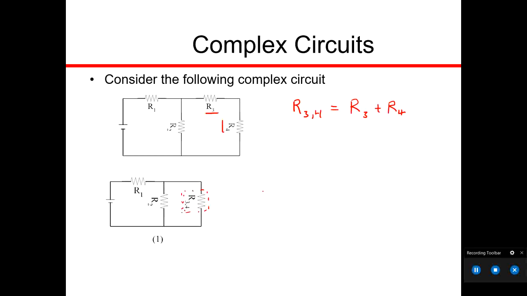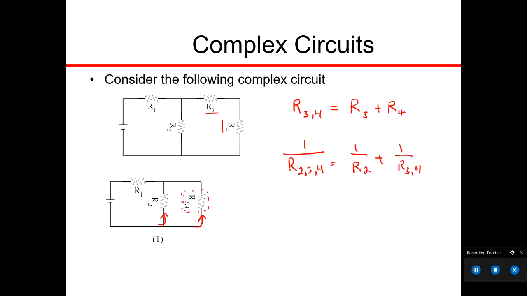Okay, next we do a similar one except for parallel. So now we have to simplify it because we have this parallel path, or these two parallel paths. So let's get to a simple circuit by combining those. So we'll combine resistor 2 and resistor 3, 4. And to do this, remember, since it's parallel, it's going to be 1 over the total, which is resistor 2, 3, 4, is equal to 1 over resistor 2 plus 1 over resistor 3, 4.